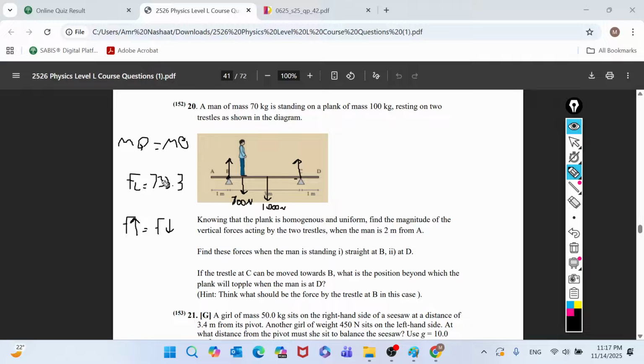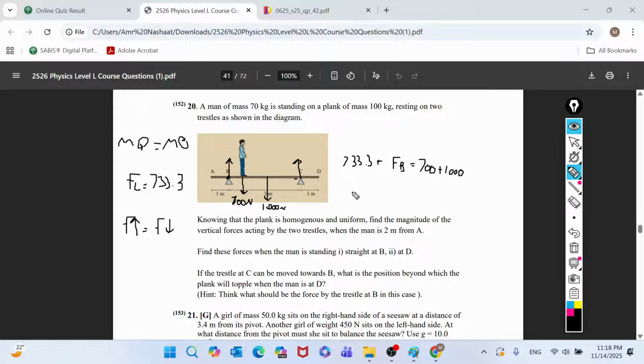So the force up is 733.3 plus the force on B, because these two are the forces acting up. Force at B equals 700 plus 1000.